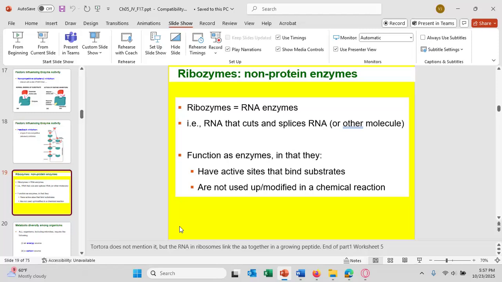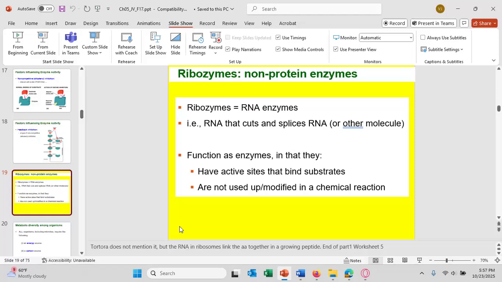All right, our textbook doesn't mention it, but the only ribozyme that I'm going to mention in this class is something that happens in protein translation, and that is it's actually the RNA portion of the ribosome that links the amino acids together when the protein is being made, meaning the growing protein.